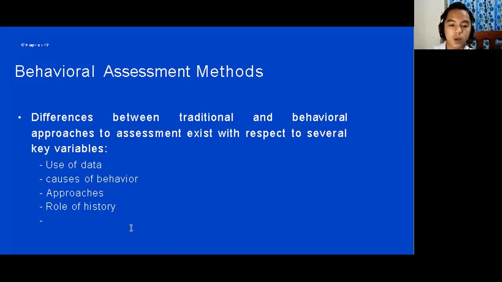In respect to the cause of behavior, traditional assessment is more likely to evaluate the traits and states of an individual, collectively referred to as personality, as the cause of the behavior, while behavioral assessment is more likely to focus attention on the conditions in the environment that were instrumental in establishing a targeted behavior, as well as the environmental conditions that are currently maintaining the behavior.